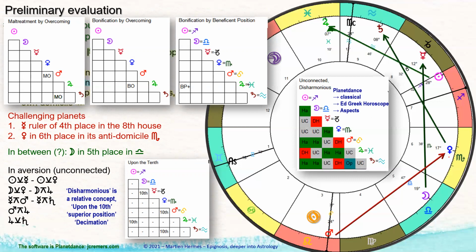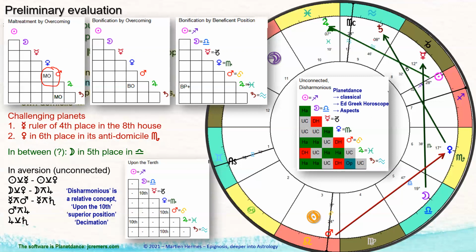Maltreatment by overcoming. So here you see what's happening. You see, for example, in this, again, I will use this. Here you see the one used. Mars is overcoming Venus. So Venus is maltreated by being overcome by Mars. And here you see Mars is maltreated. Why?